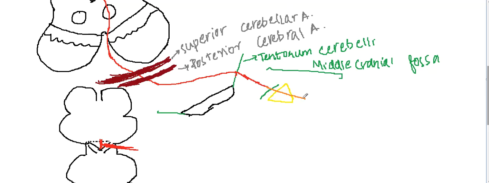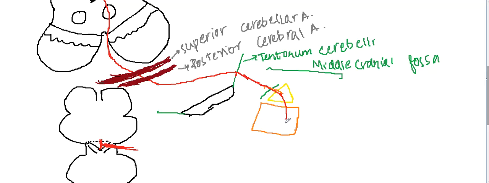Okay, once it has entered the oculomotor triangle, this oculomotor triangle is in the roof of the cavernous sinus, right? So just a minute, it is like this. Think that this is the cavernous sinus, and it will enter the cavernous sinus. Now it enters the lateral wall of the cavernous sinus, not the posterior wall.